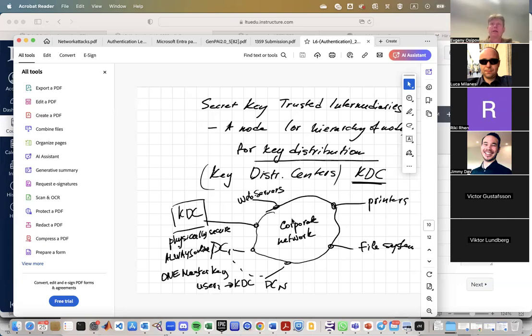So if, for example, I belong to a Kerberos system at Luleå University of Technology, then if I have proper authorization, I can automatically access, for example, services at MIT if needed.